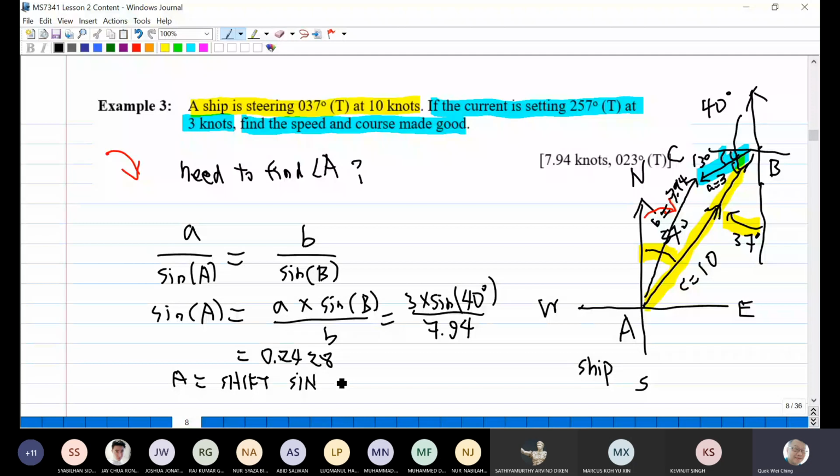And then this will give you 14. Okay, so this angle A is 14 degrees. So this is 14 degrees now. For this part here, this is 14 degrees.